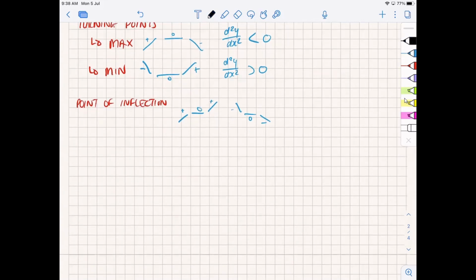Right, and the final thing we learned was this idea of having a connected rate of change.